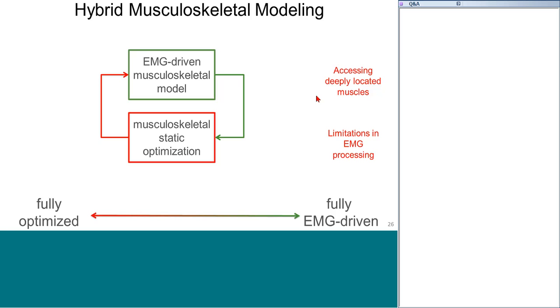So depending on how much we trust our experimental EMGs to begin with, we can decide to adjust them more or less by moving on this line. And we do this process of adjustment for the purpose of improving the estimated joint moment and addressing limitations in surface electromyography. And the point here is to find the minimum level of adjustment that gives us the best improvement in joint moment prediction accuracy.